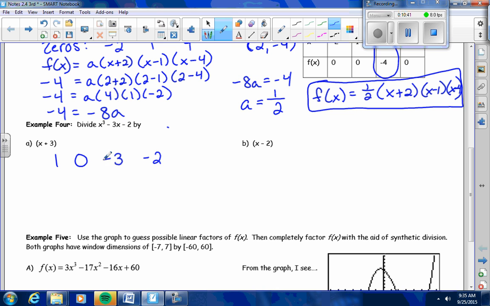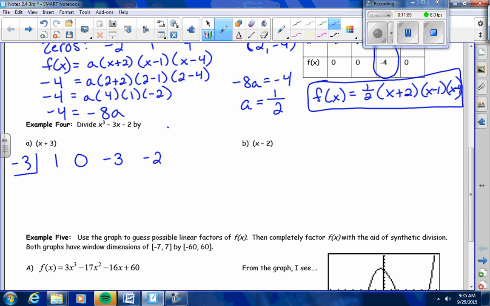Okay. In front of that line, I'm going to draw a half box. And in the half box, I look at the x plus 3, what I'm dividing into it. If I'm checking to see if this is a 0 of the function, then if the factor is x plus 3, what's the 0? -3.